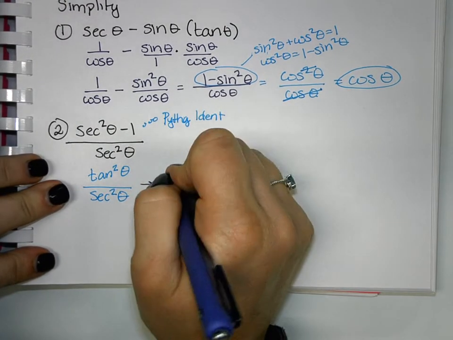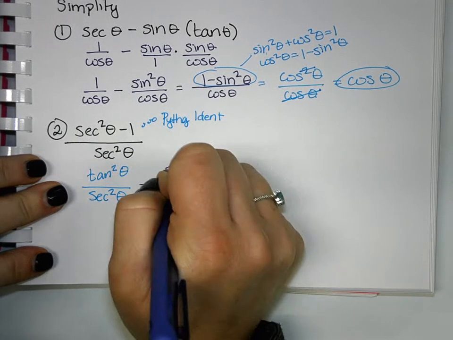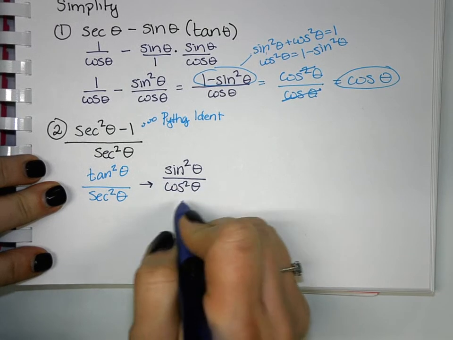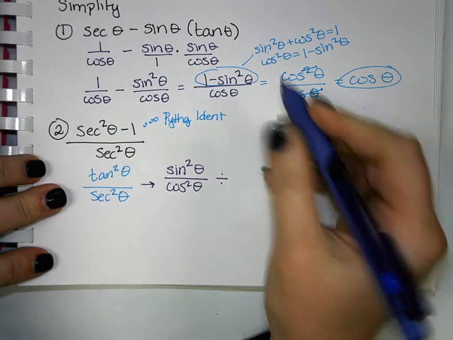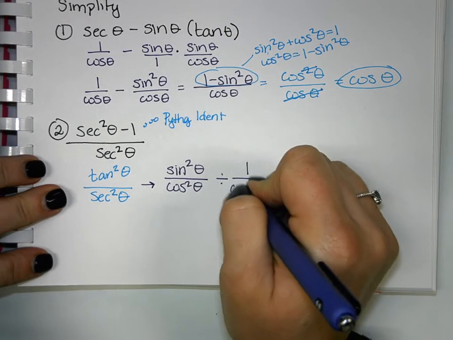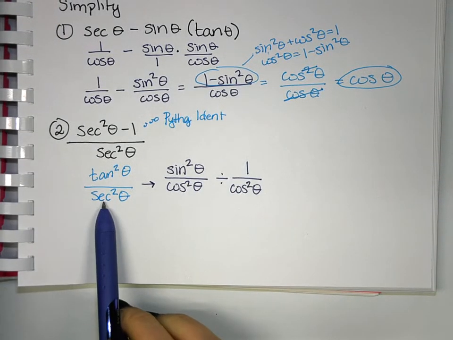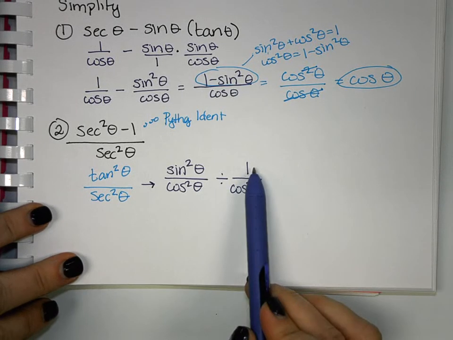So I'm going to have sine squared theta over cosine squared theta. That's my tangent. And I'm going to take this division and write it horizontally. Because secant is 1 over cosine squared theta. So I just took secant squared, turned it into a horizontal division, and rewrote it as its reciprocal identity, 1 over cosine squared.